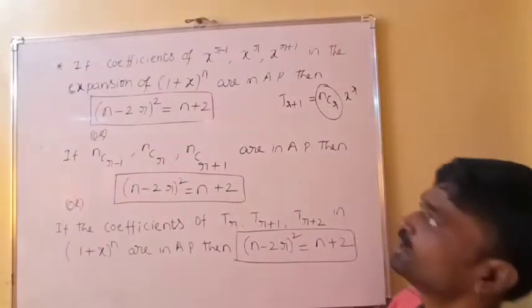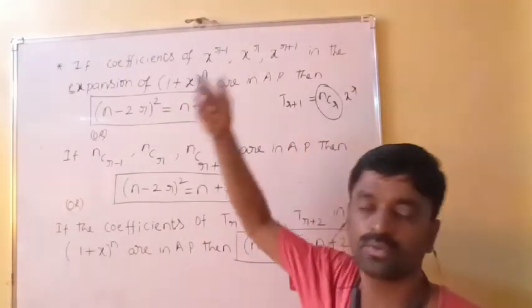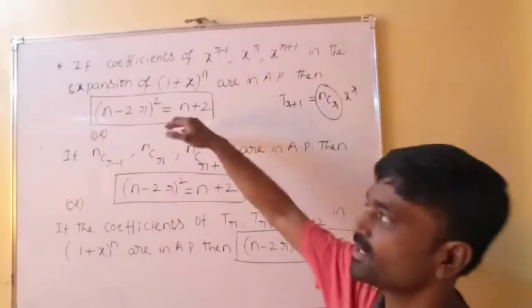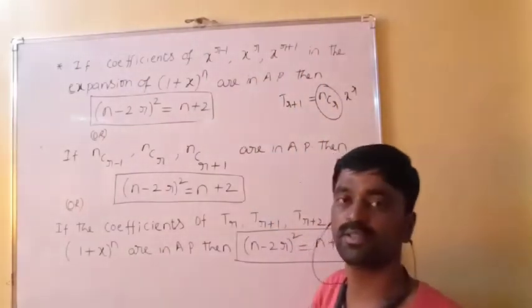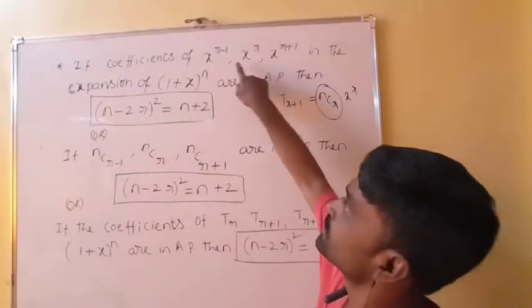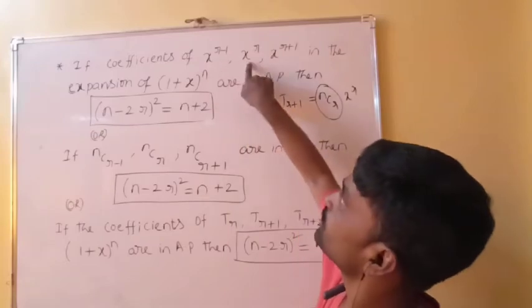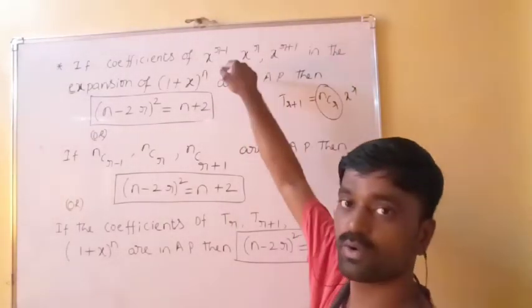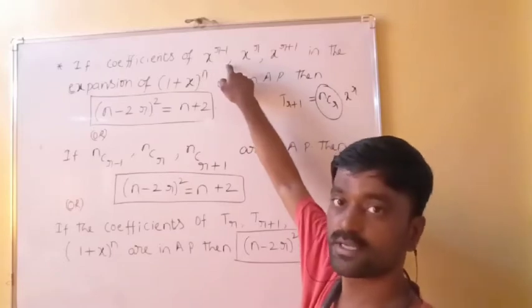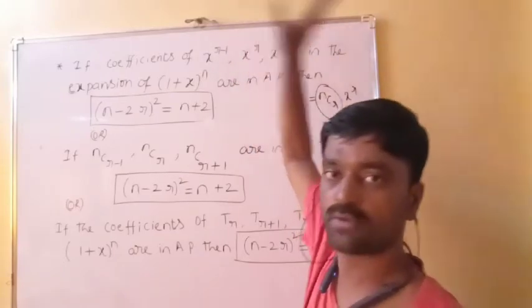Instead, if they give the coefficients of x cube, x power 4, x power 5 in the expansion of (1 plus x) whole power n in AP, then in that case you get the r value as 4 only. For the middle term x, whatever power you have, that is the r value.